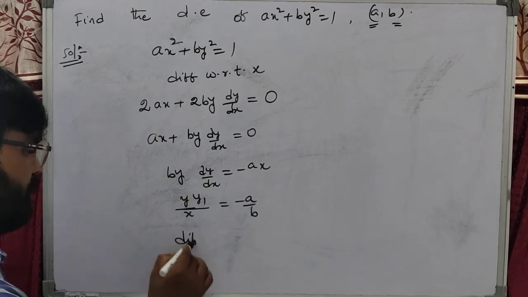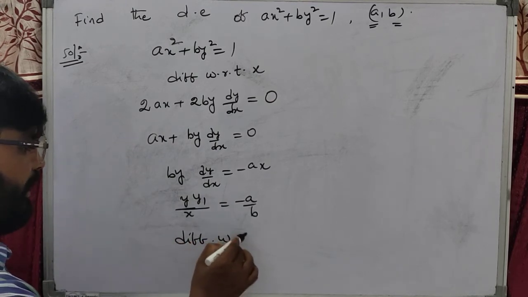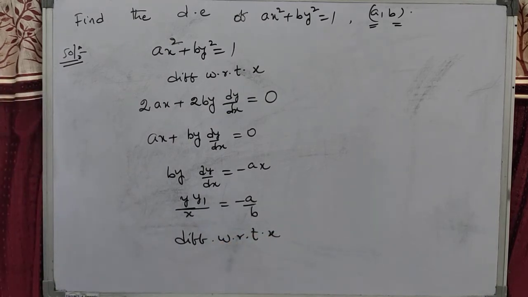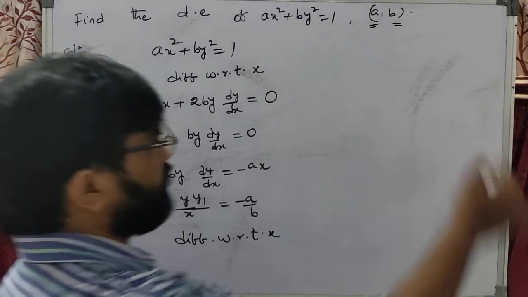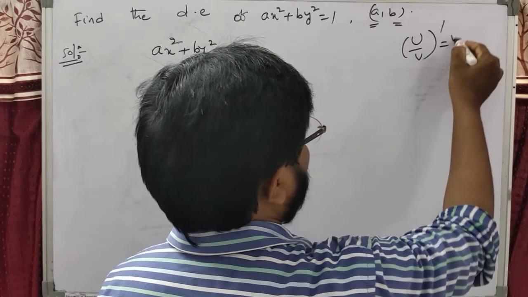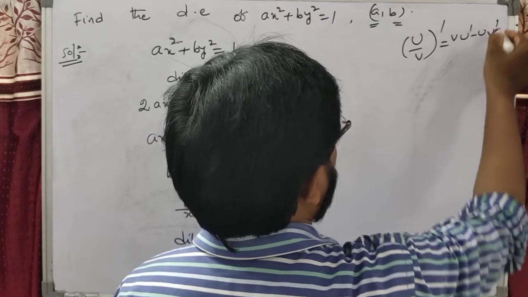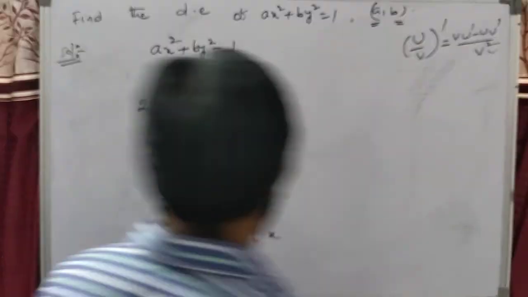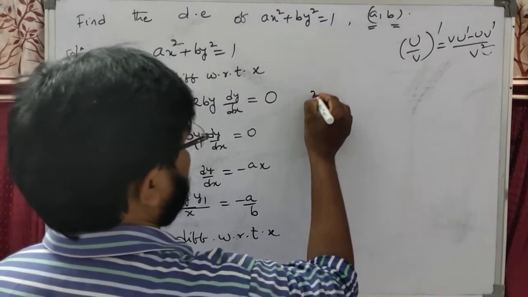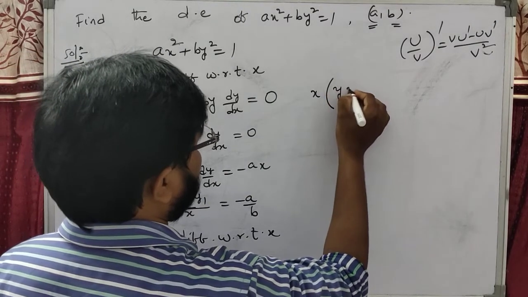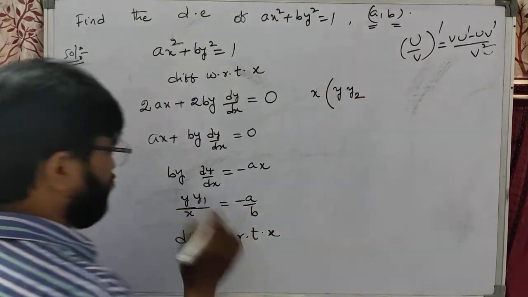Now students, differentiating again with respect to x. This we have to compare with u by v. We know that u by v whole dash equals v u dash minus u v dash by v square. Now we can write: first x into the derivative of u, that can be written as y, the derivative of y1 is y2.